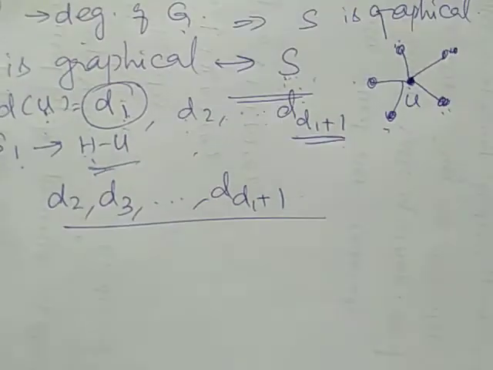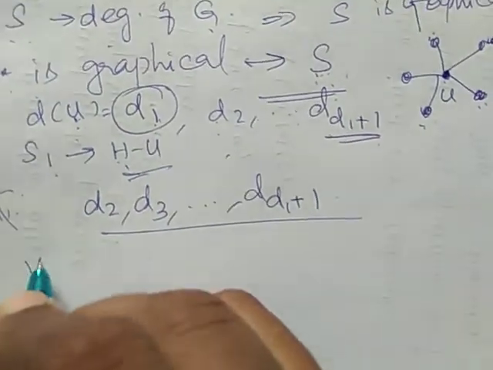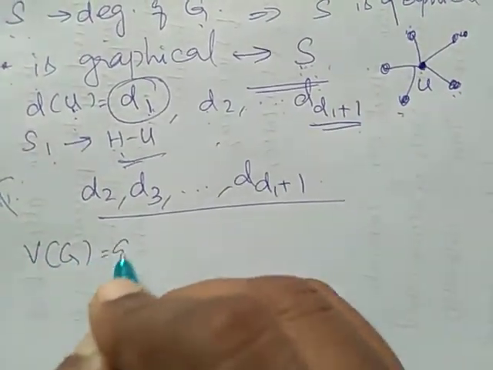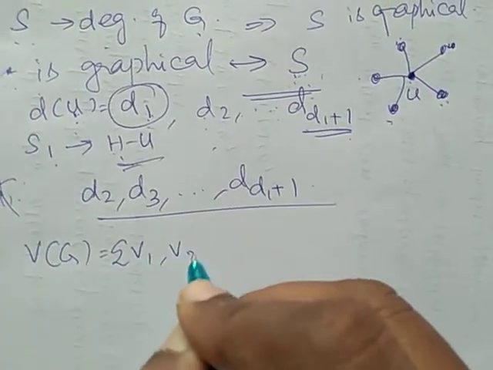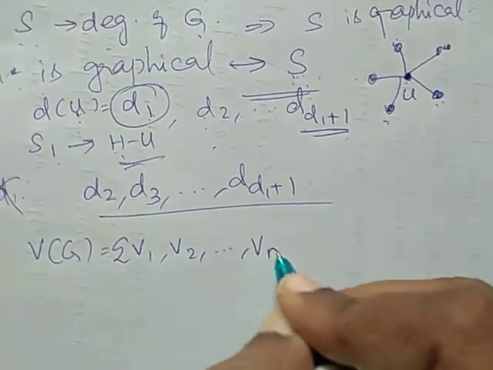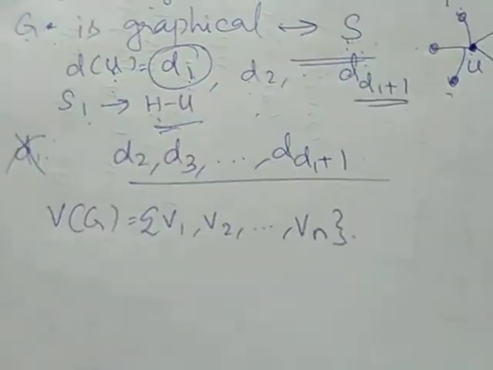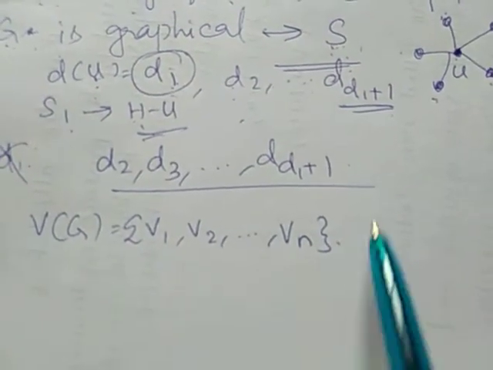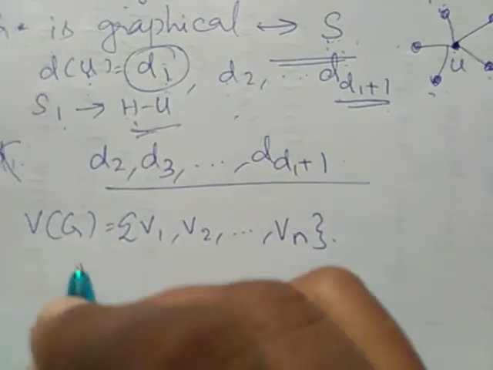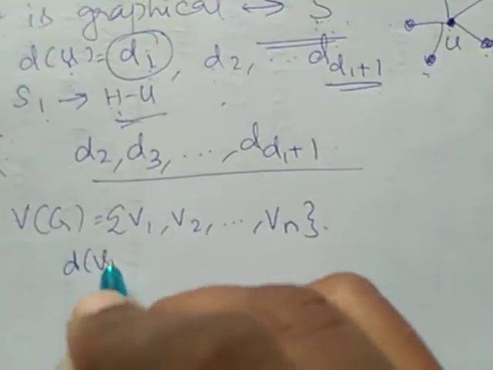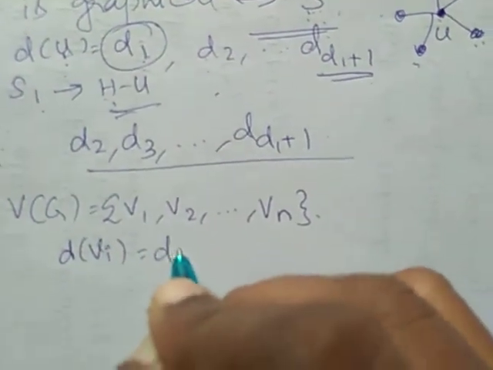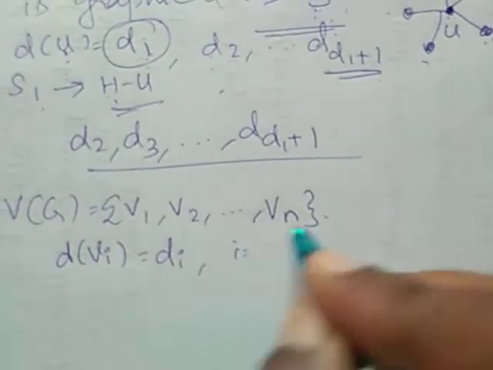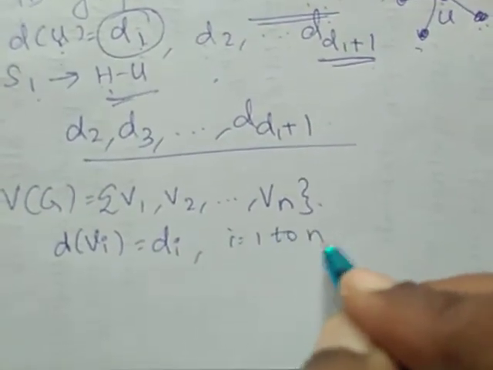So what is our vertex set of G? The vertex set of G is V1, V2, etc., Vn. I am taking the degree of Vi as Di, where i is equal to 1, 2, 3, ..., n.